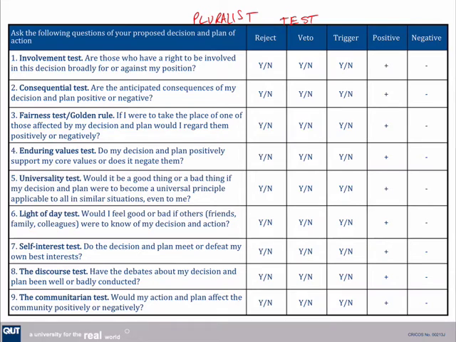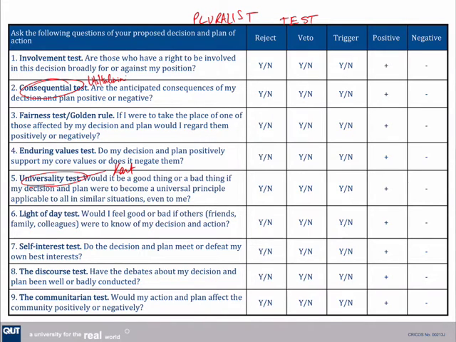So what we have here is an example of quite a complex pluralist test. There are different kinds of ethical questions that we can ask. Some of them we've kind of covered off before, a utilitarian style approach or consequentialist approach. The universality test, we can see a bit of Kant coming through in that. But all this is doing is asking us to see the ethical dilemma in a number of different ways.